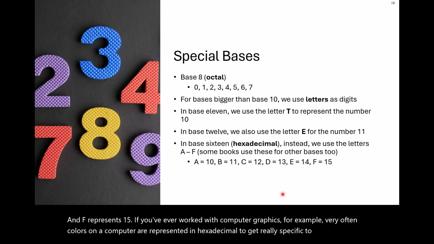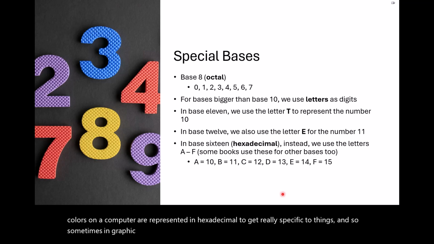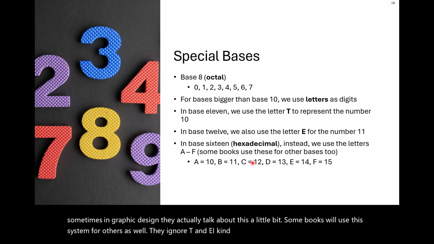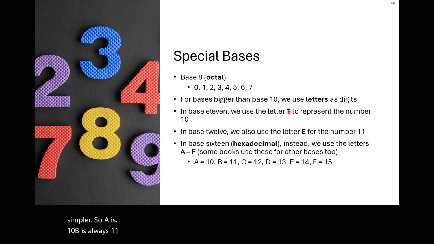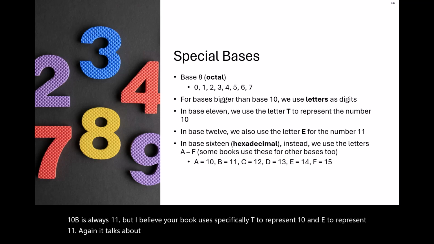And so sometimes in graphic design, they actually talk about this a little bit. Some books will use this system for others as well, and they ignore T and E. I kind of like that approach. It's a little simpler. So A is always 10, B is always 11. But I believe your book uses specifically T to represent 10 and E to represent 11. Again, it talks about it in the chapter on bases, what they use.